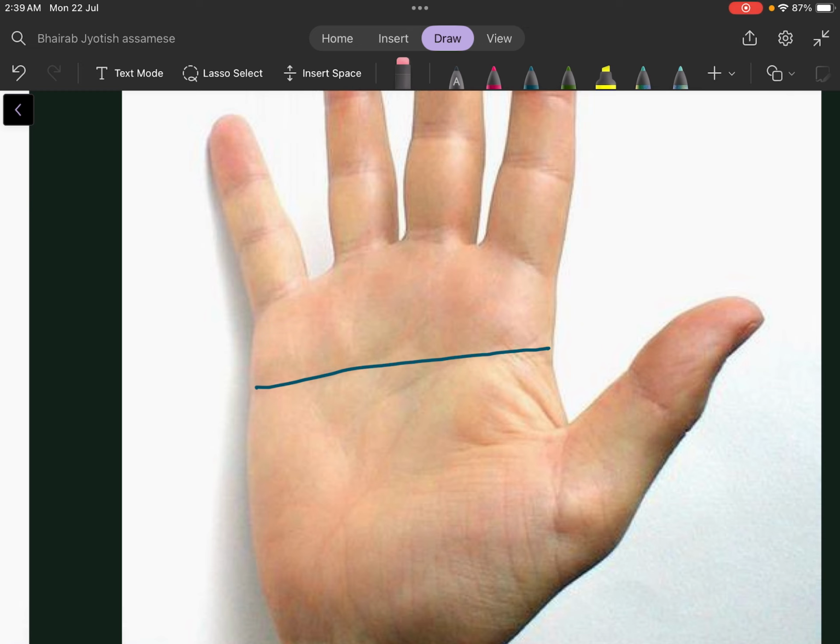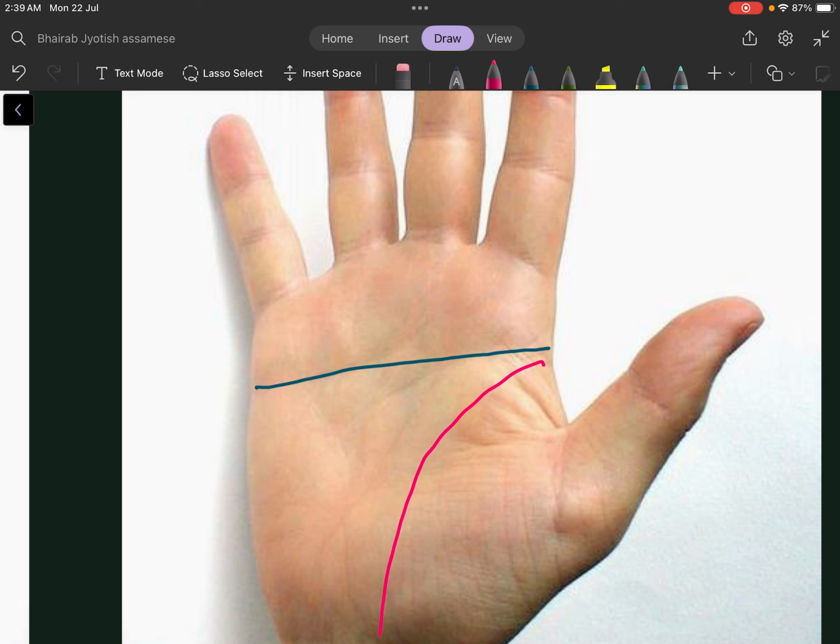And the third point is, if the headline and the heart line are combined, that means whatever I have shown here, the headline comes like this and the heart line goes like this. If there are no separate headline or heart lines, if there is only a single line and the lifeline, this is the lifeline. But if there is no other heart line or headline, this is nothing but the Simian line.